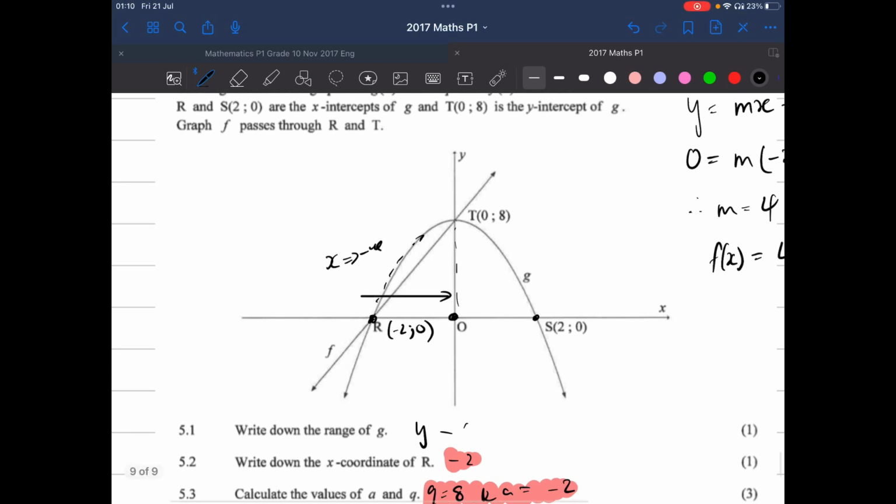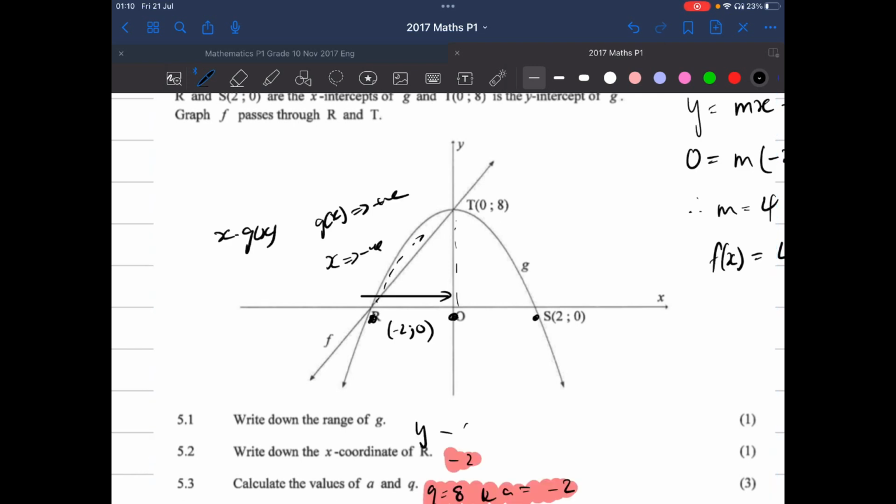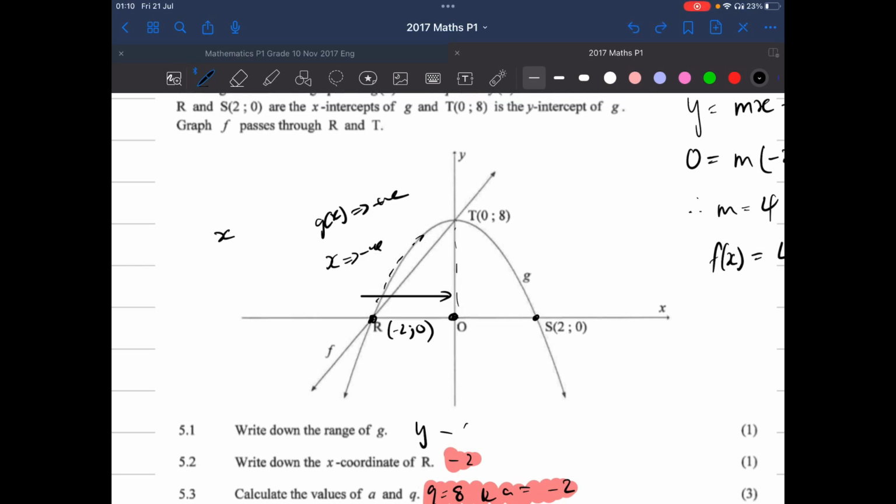And my g of x values are positive. So that works, because if I multiply these two together, x times g of x, I'll get something negative, because a positive times a negative is going to give me a negative.